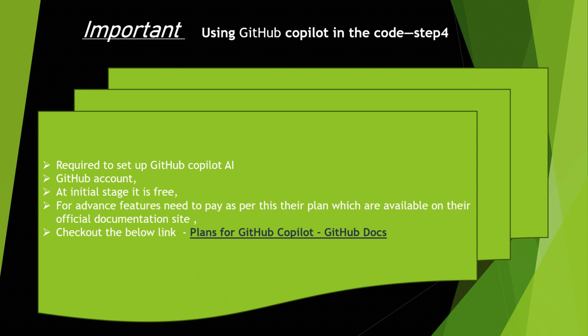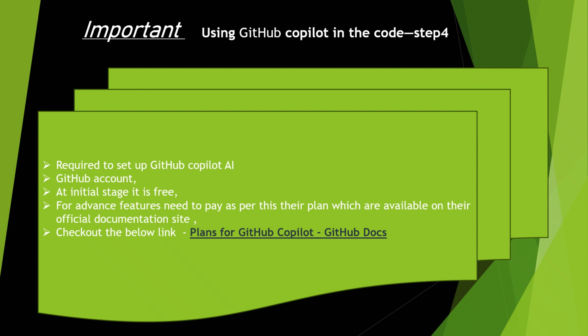Now the most important thing, very first, is that before taking assistance from GitHub Copilot AI, you need to have your account. You have this account with all the features while you're writing code in the program. But for advanced features you need to pay as per their plan.